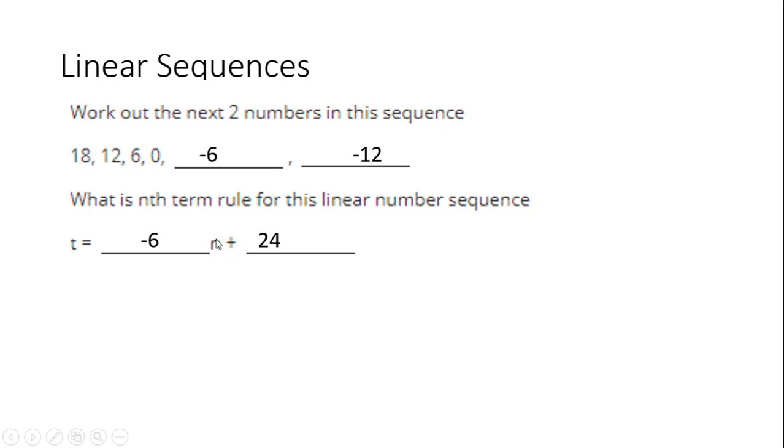So when I replace the n with the term number, the position number, it gives me the value of the number in that position. So when n is 3, negative 6 times 3 is negative 18, plus 24 gives me 6, the third term, term number 3. Okay? Hopefully this is becoming a bit clearer for some of you.